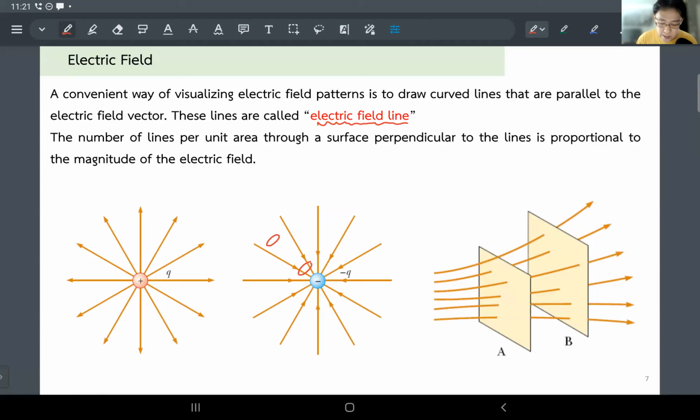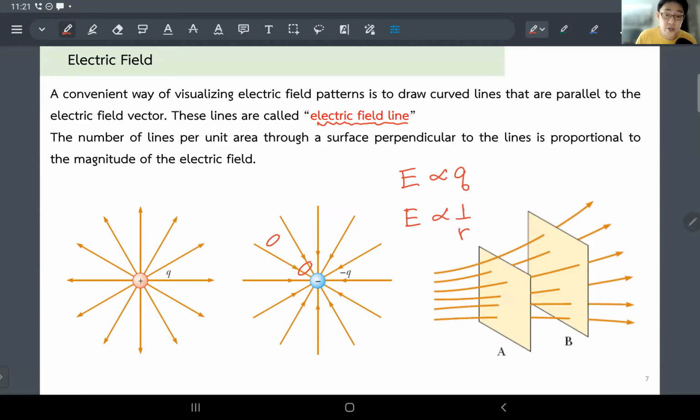But for now, it seems to make sense that electric field strength should be proportional to the magnitude of the charge that's generating the field. That makes sense. If you bring in the bigger charge, then you should have a stronger field. And the second thing is, it should be inversely proportional to the distance from that source.